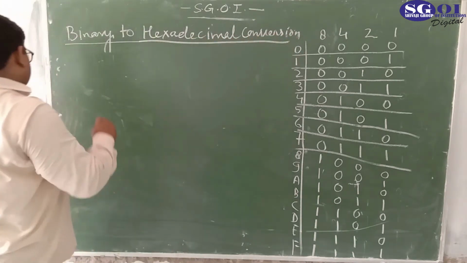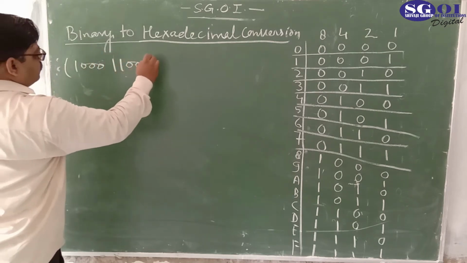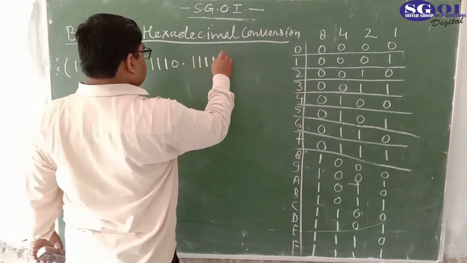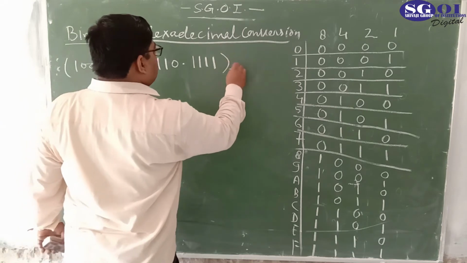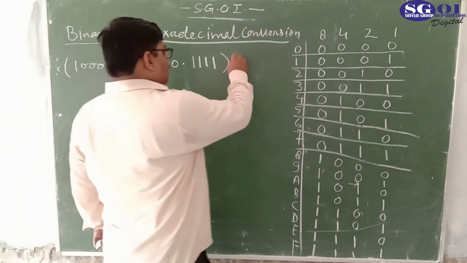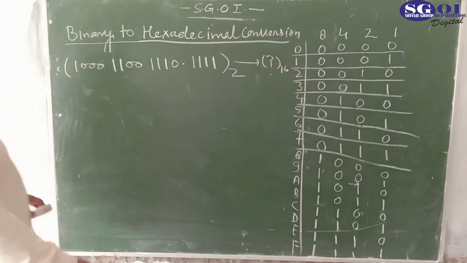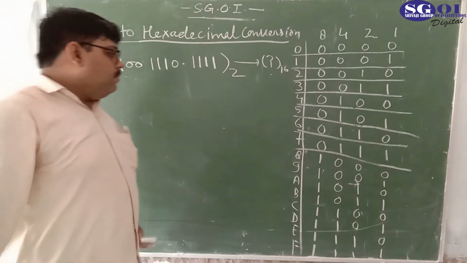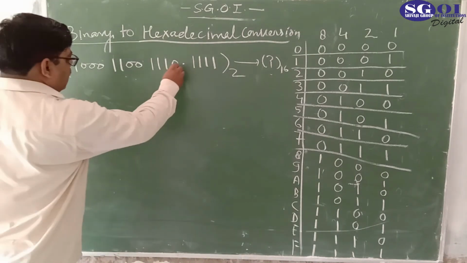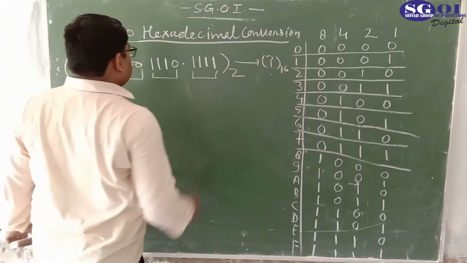Now we write a binary number. This is a binary number and we want to change this binary number into a hexadecimal number. For changing a binary number into a hexadecimal number, what can we do? Firstly, we make groups of 4 binary digits.